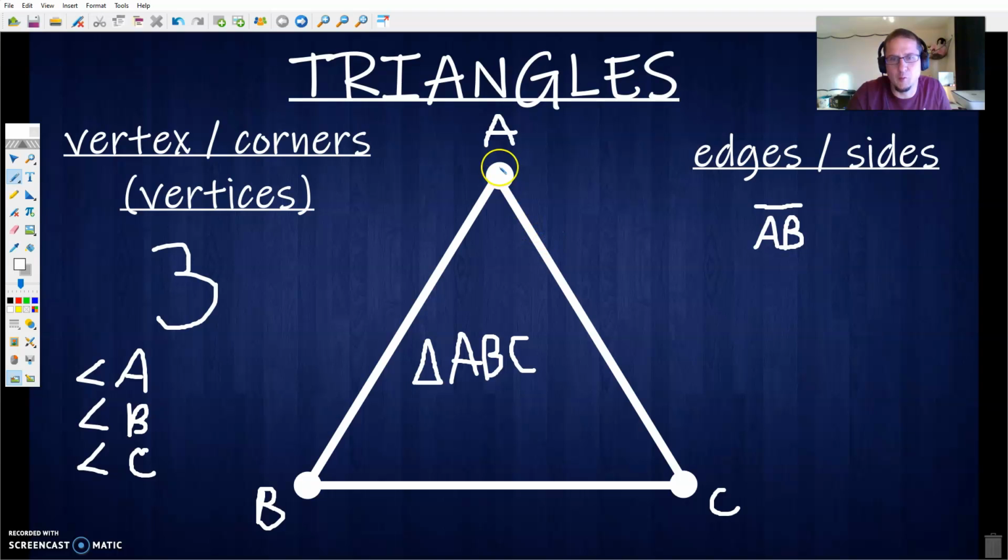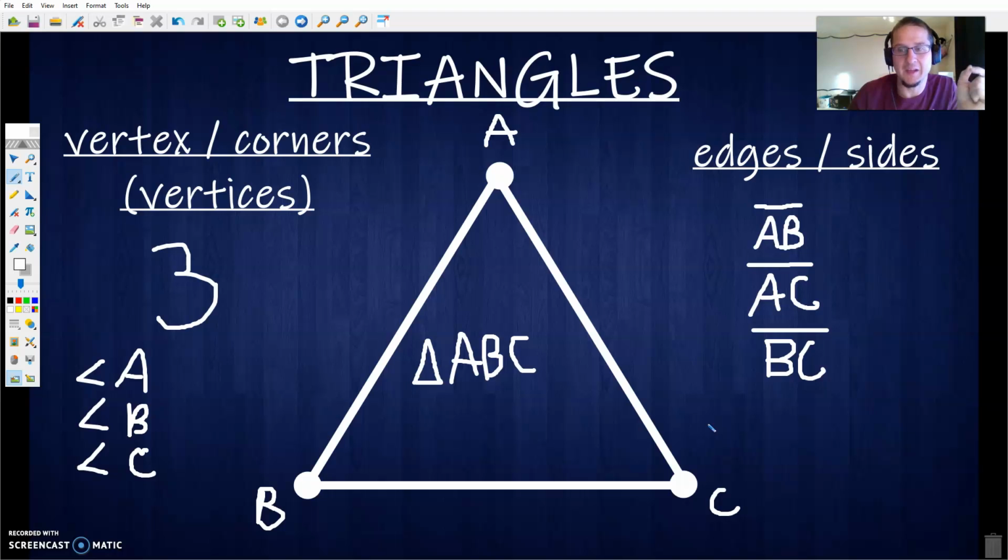So there's AB. We'll have AC because we have a line segment that connects those two vertices. And then we have line segment BC. So we have three vertices, vertex A, vertex B, and vertex C, and then three edges, line segment AB, line segment AC, and line segment BC, making that shape of a triangle.